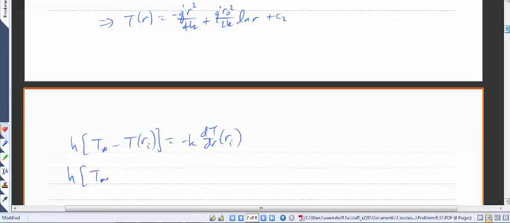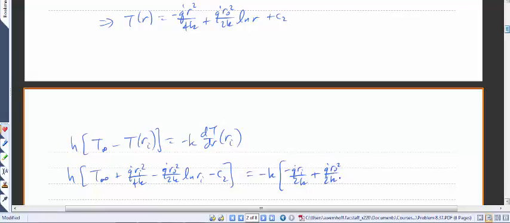So plugging in our general equation, we get T infinity plus q dot Ri squared over 4k minus q dot Ro squared over 2k natural log of Ri minus C2 is equal to minus k times minus q dot Ri over 2k plus q dot Ro squared over 2k times R sub i.